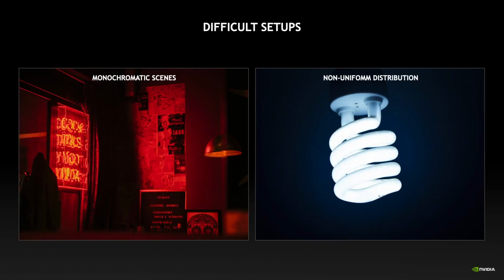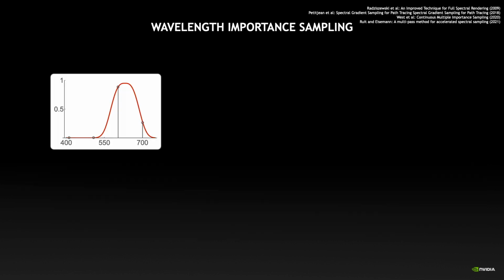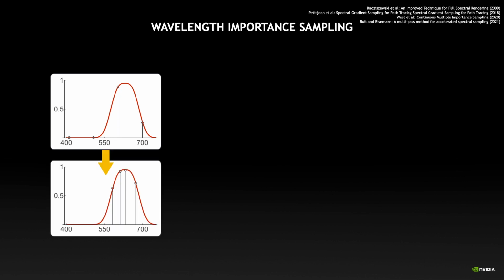Especially for hero wavelengths, since the samples are uniformly chosen, monochromatic lights and fluorescent lights will have some issues there, and they are harder to converge. So that is where wavelength importance sampling comes into play. Instead of sampling uniformly, you bias where you want to sample your wavelength. And there are various approaches for that.